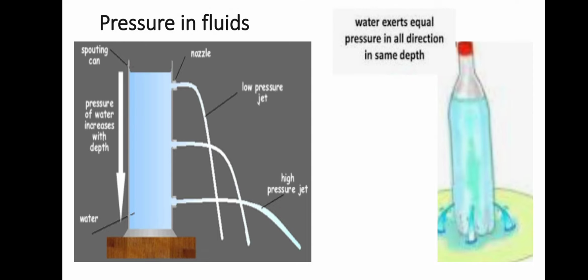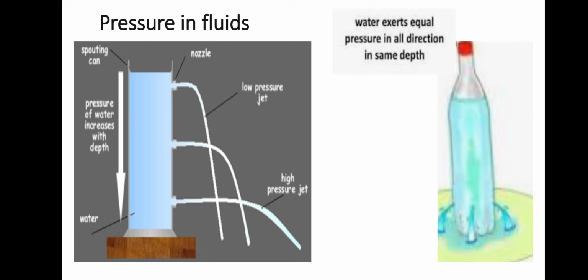Pressure in fluids depends upon the depth of water. The pressure in fluids will increase with the height of the liquid. For example, if we have a spouting can filled with water, it has 3 nozzles at different heights.